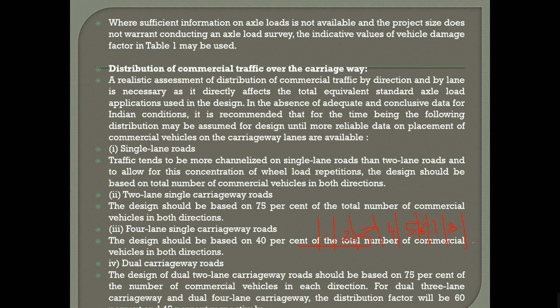If I call it a 4-lane single carriageway road, this is considered a 4-lane single carriageway, in which this could be called a 2-lane single carriageway, and this also could be called a 2-lane single carriageway, or altogether this is called a 4-lane single carriageway.